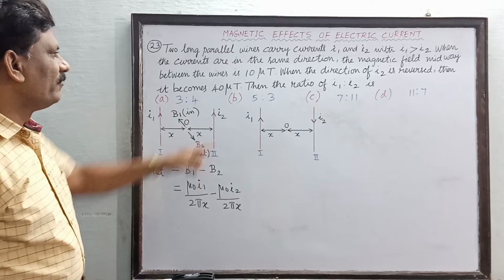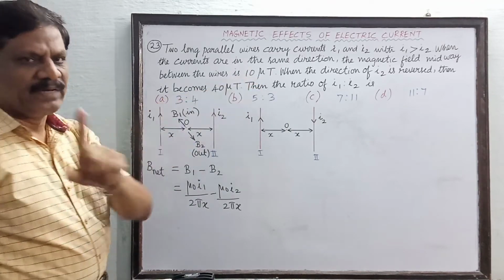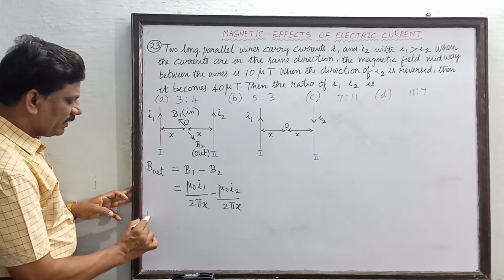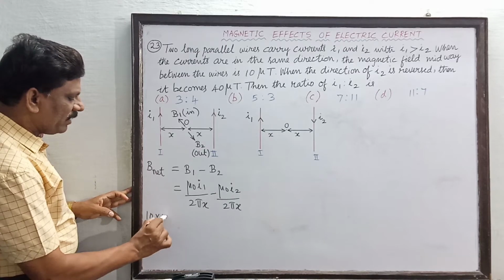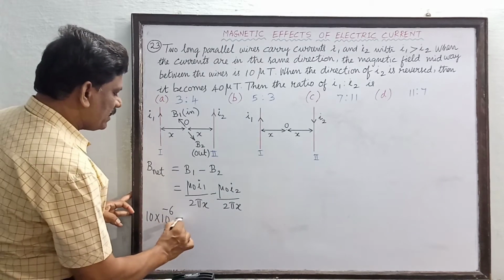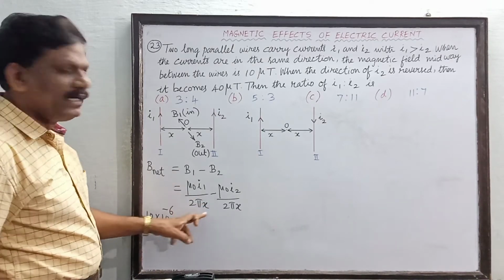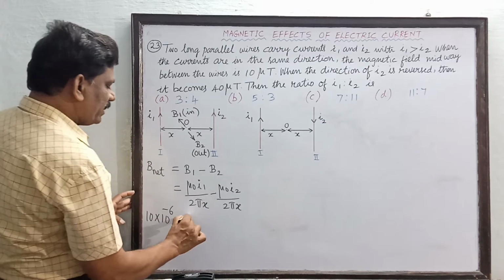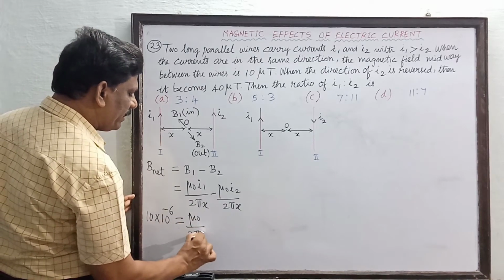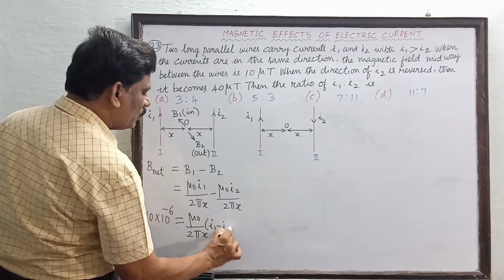What is the value given here at the midway? The net magnetic field is how much? 10 microtesla, is it not? So the left hand side B net is 10 into 10 power minus 6 because it is microtesla. This is equal to, taking common factors, mu naught divided by 2 pi x into I1 minus I2.